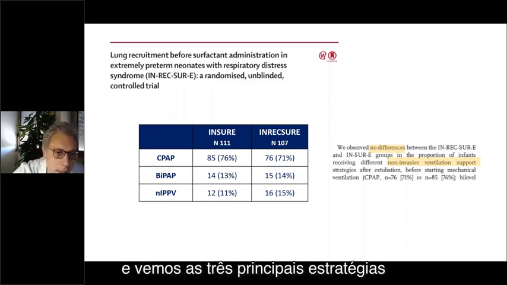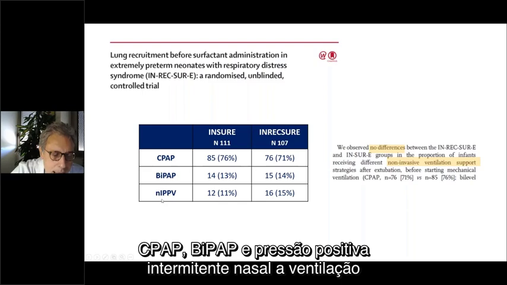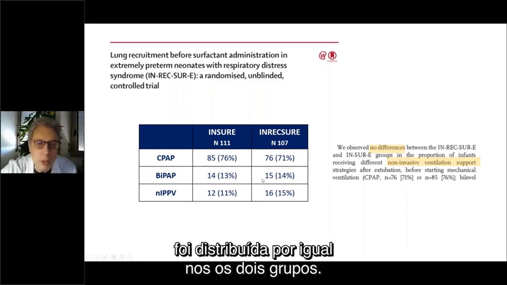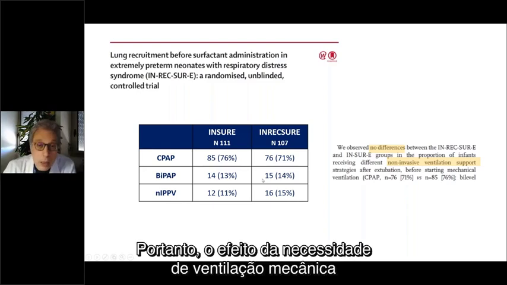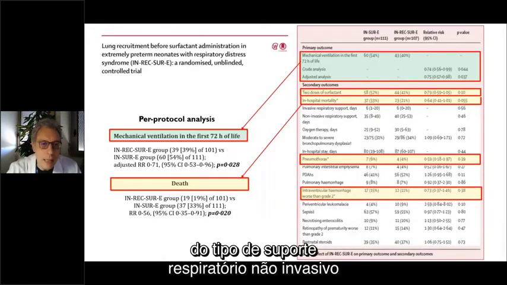And you can see that all three main non-invasive respiratory support strategies, CPAP, BiPAP, and nasal intermittent positive pressure ventilation, were equally distributed between the two groups. So the need for mechanical ventilation is not reasonably dependent on the type of non-invasive respiratory support.